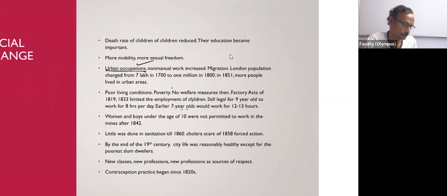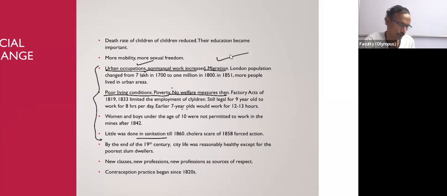Urban occupations, non-manual work, migration. And poor living conditions, poverty, no welfare measures, very poor sanitation. Okay. So these were very poor conditions.